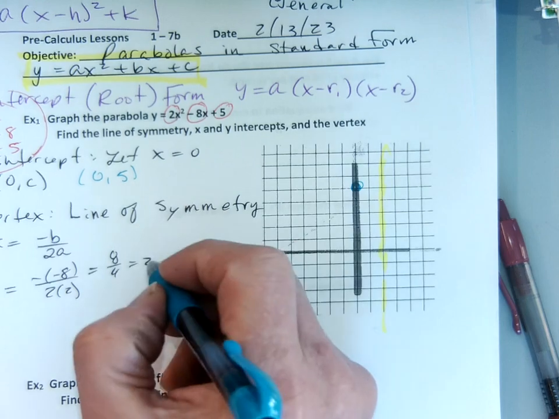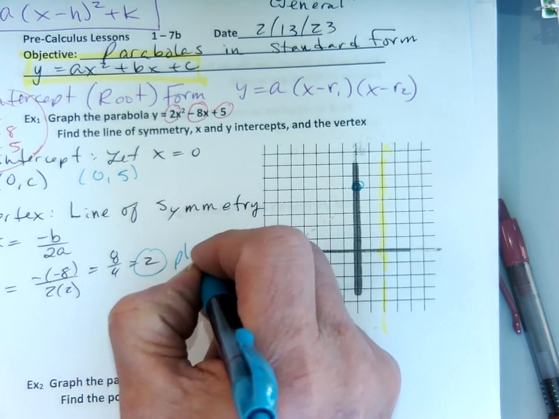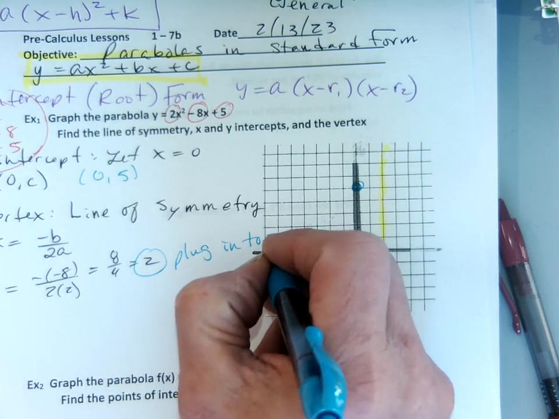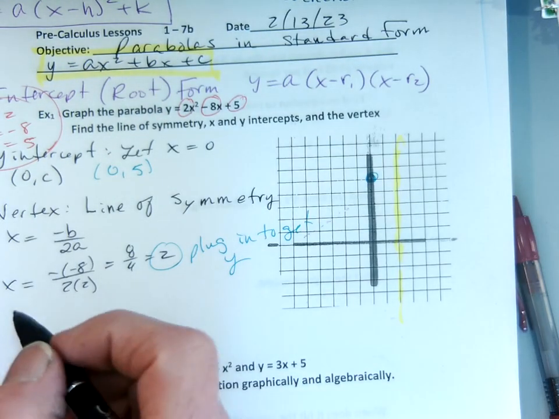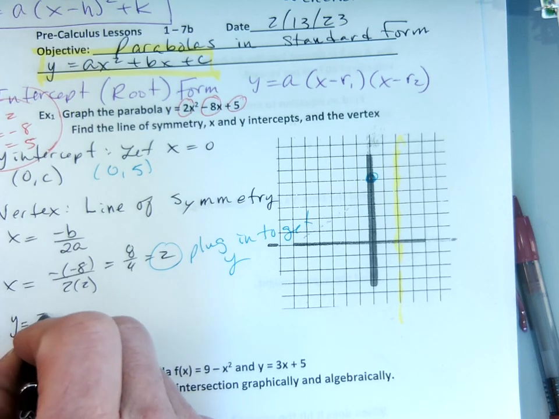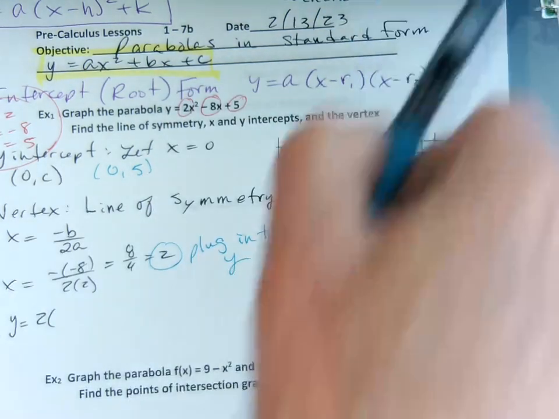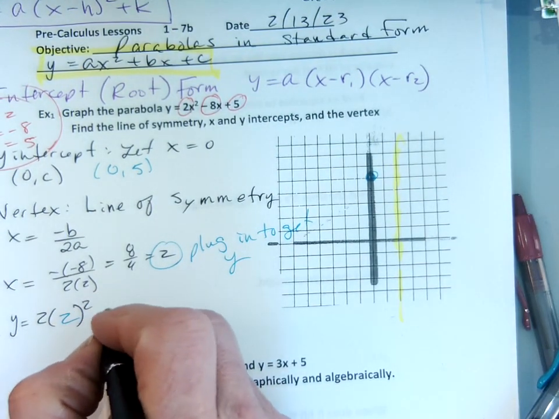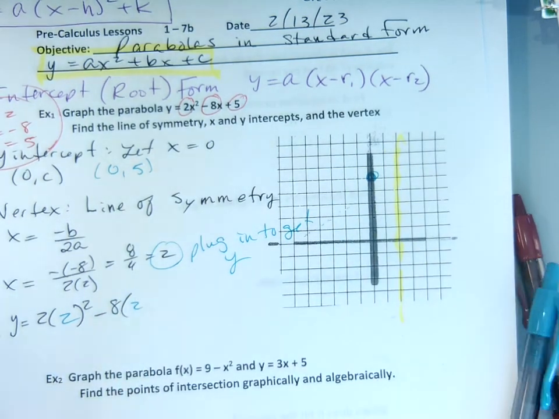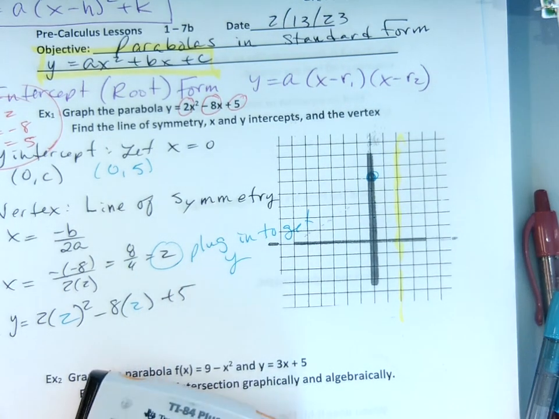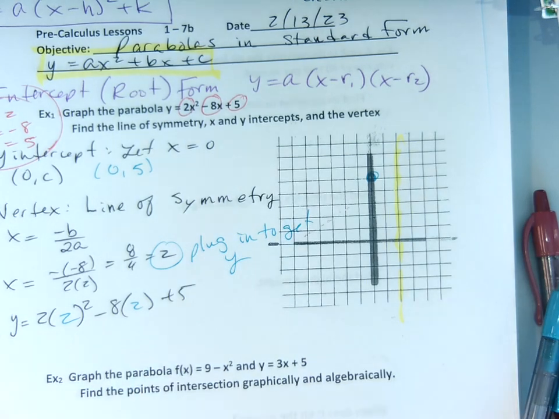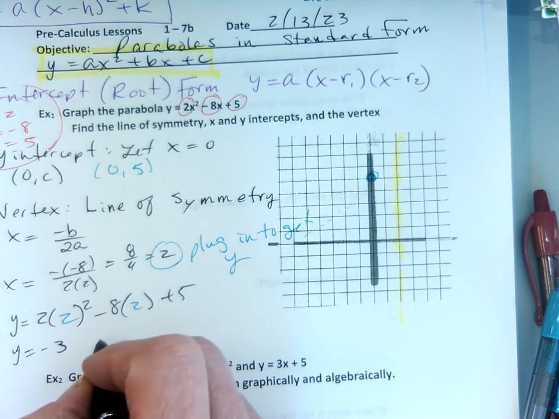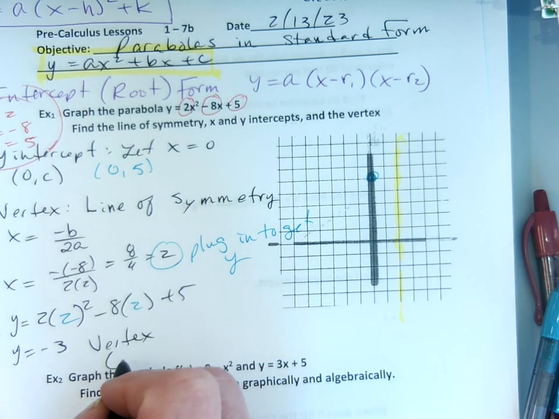So y equals 2 times 2 squared minus 8 times 2 plus 5, and I'm going to cheat and just use a calculator. 2 times 2 squared minus 8 times 2 plus 5, and I get an answer of negative 3, okay? So my vertex is at 2 comma negative 3.